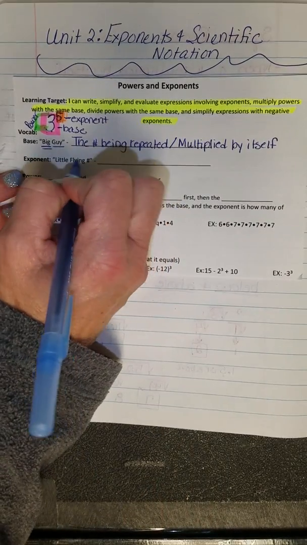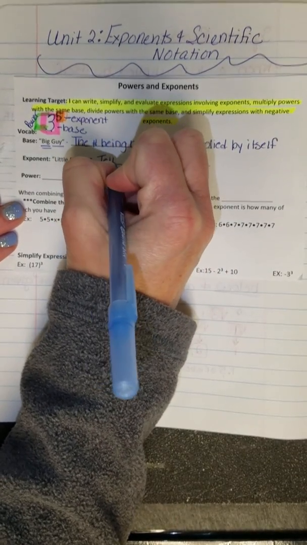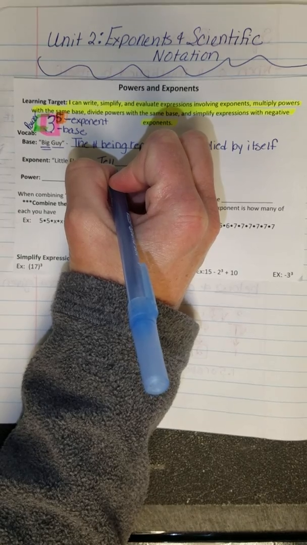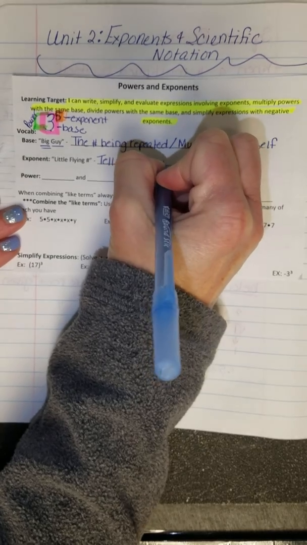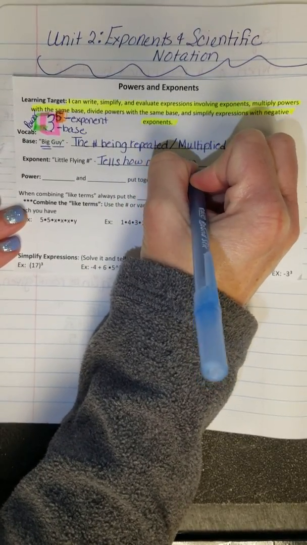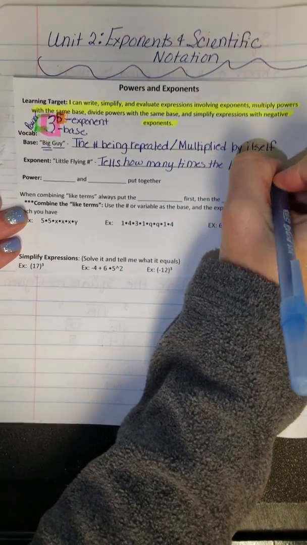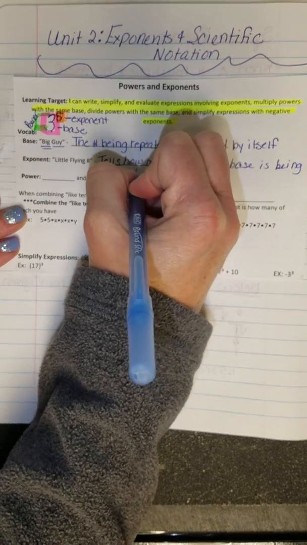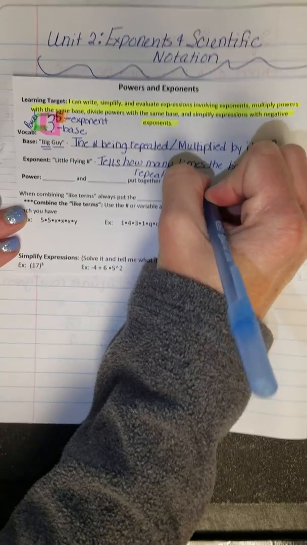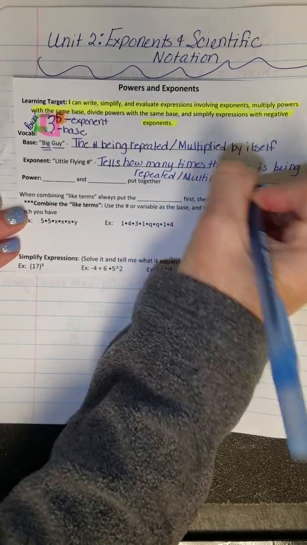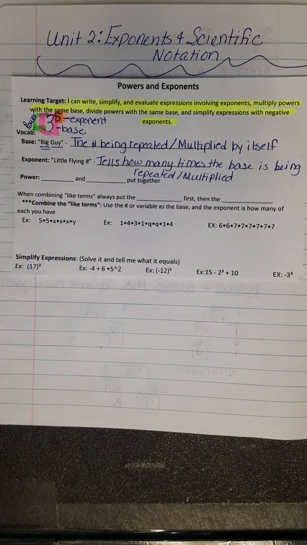The little flying number, that little exponent, is what tells us how many times the base is being repeated or multiplied. So because that exponent is a 5, that means that 3 is getting repeated 5 times.